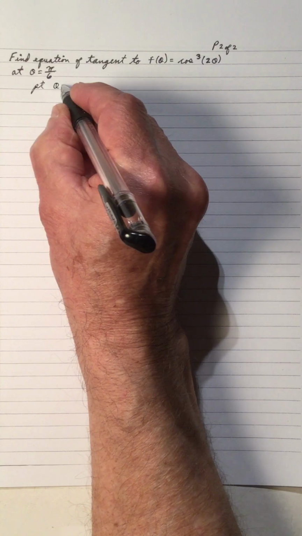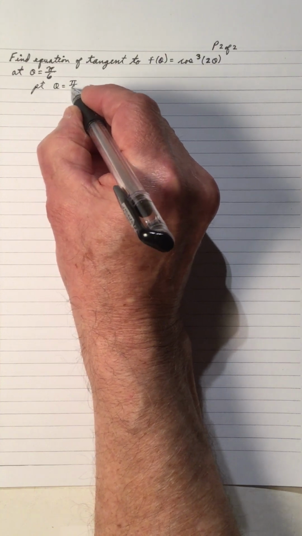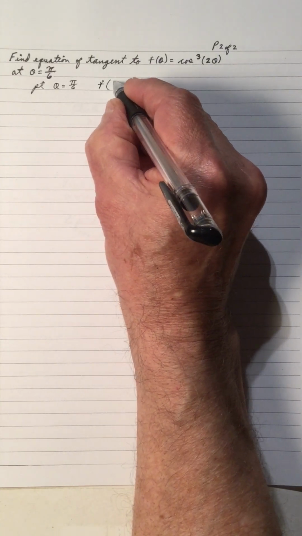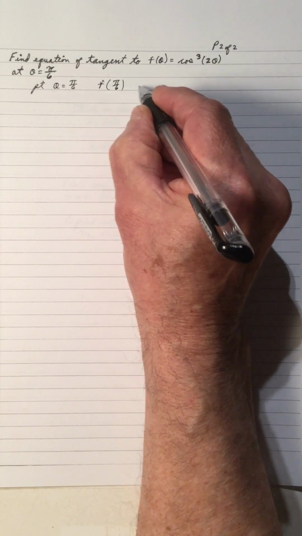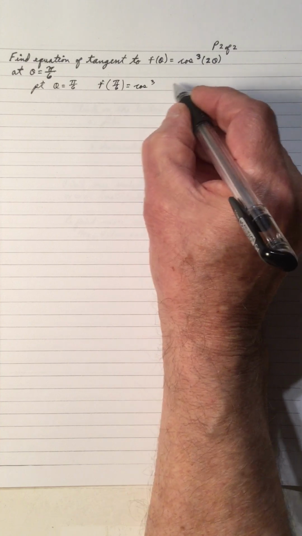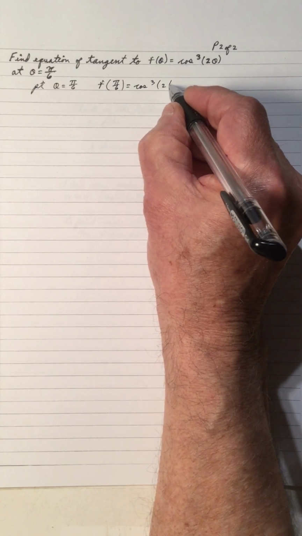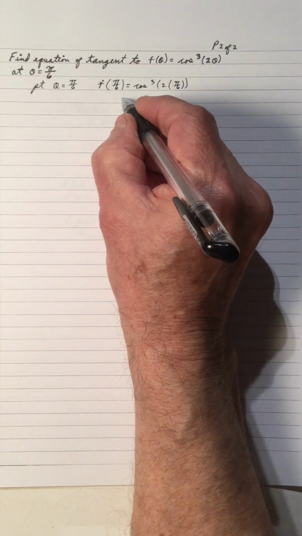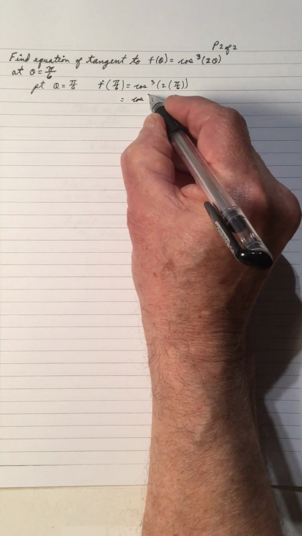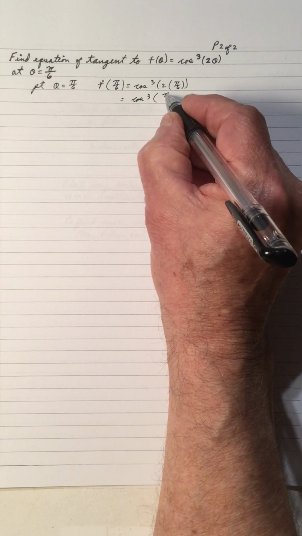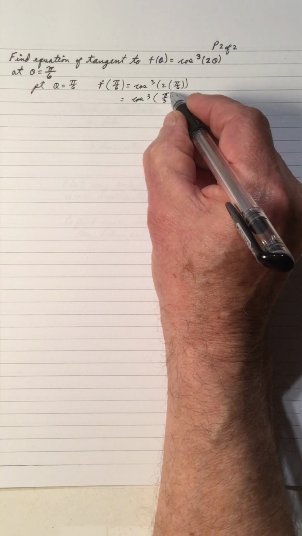So we have theta is equal to pi over 6. So this becomes f of pi over 6 equals cos cubed of 2 times pi over 6, and 2 times pi over 6 becomes pi over 3.